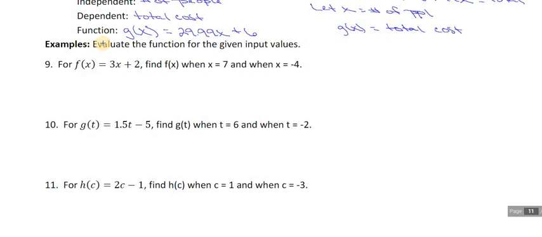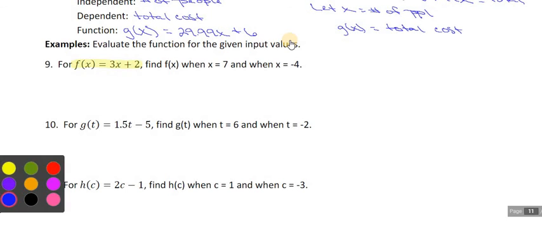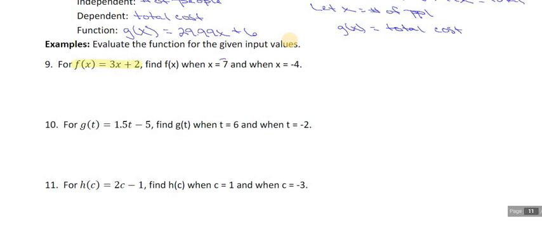So these examples say to evaluate the function for the given input values. In number 9, we have the function f of x equals 3x plus 2. We want to find f of x when x equals 7 and when x equals negative 4. So what we need to do is take 7 and plug it in wherever we see an x.